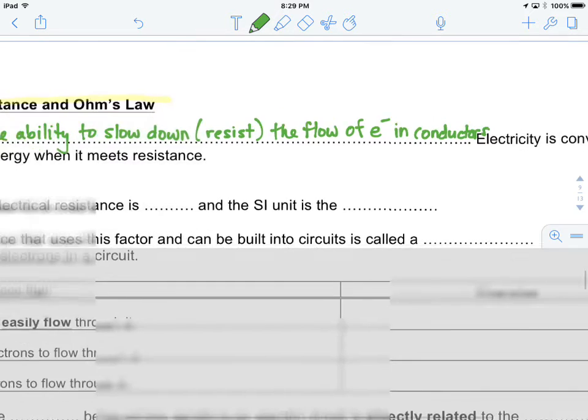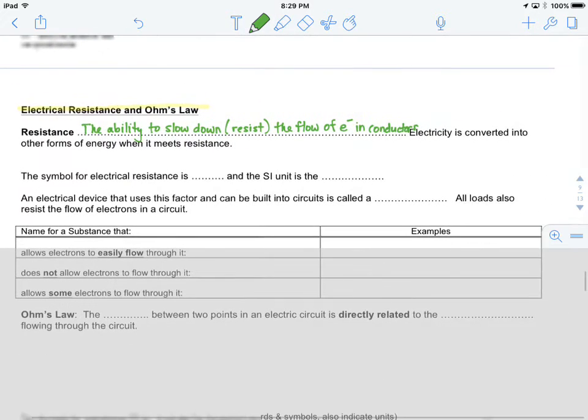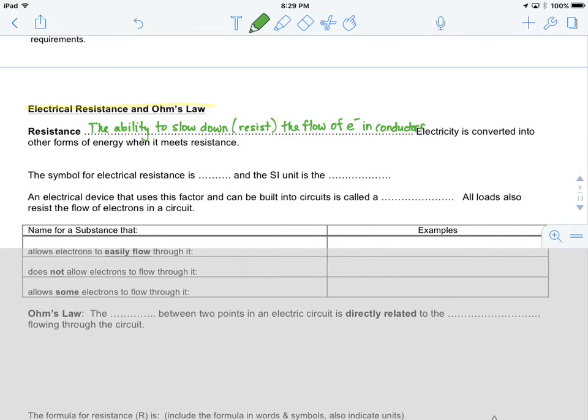Okay, so that's resistance. It's the ability to slow down the flow of electrons.